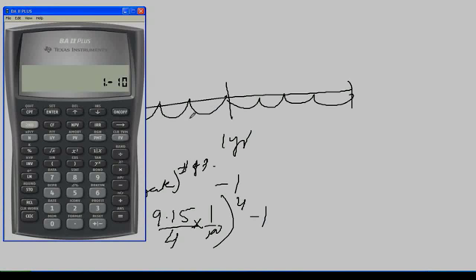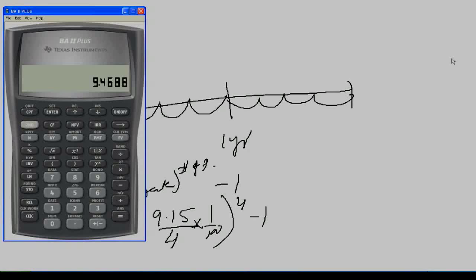In the calculator, you will do 9.15 divided by 4, take the percentage, plus 1, then y to the power x, 4, minus 1. So this is your periodic rate. Into 100, if you want to do. So this is your rate for the 1 year.